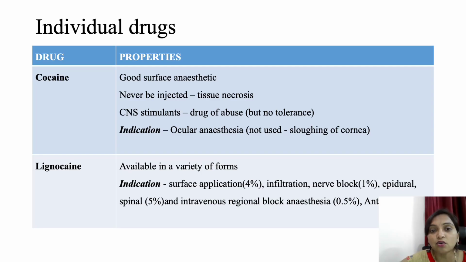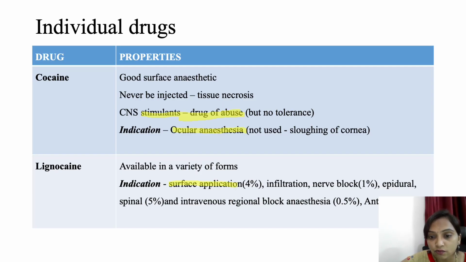Individual drugs: cocaine is not commonly used because it is a CNS stimulant and there is drug abuse of this drug. Its only indication is ocular anesthesia, but it can cause corneal sloughing, so it is not commonly recommended. Lignocaine is very commonly used for different indications, all very important.